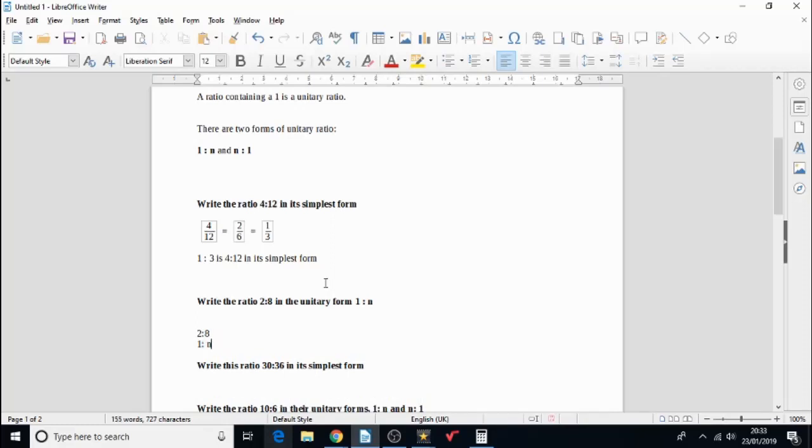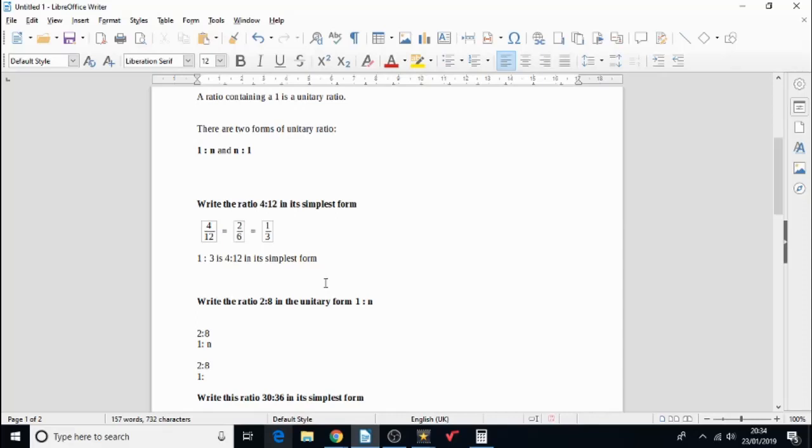Whatever you do to 2 to make it 1, you must also do to the 8. To get 1, you divide 2 by 2, but you must also do it to the 8.